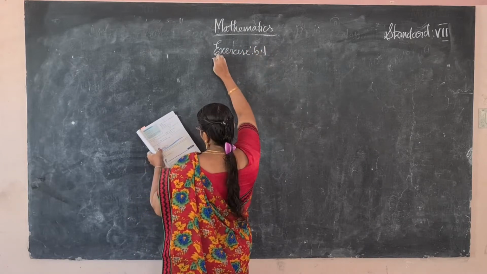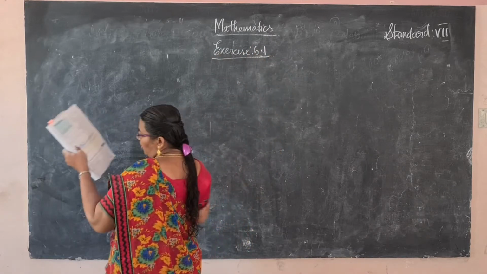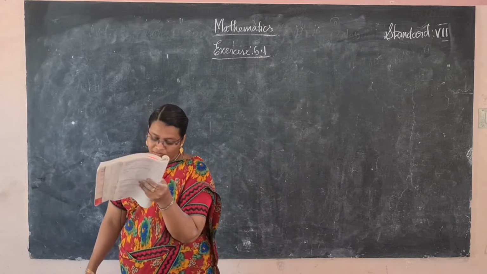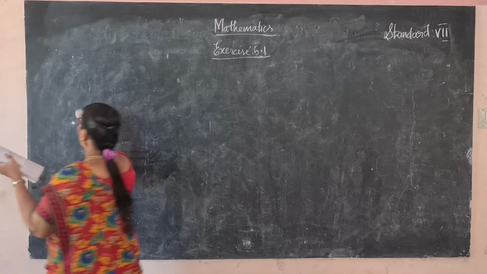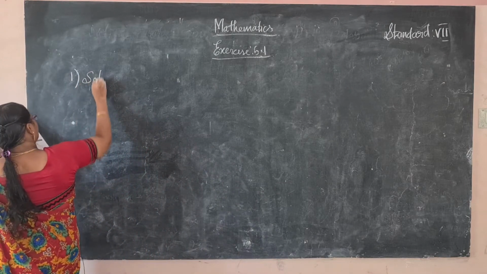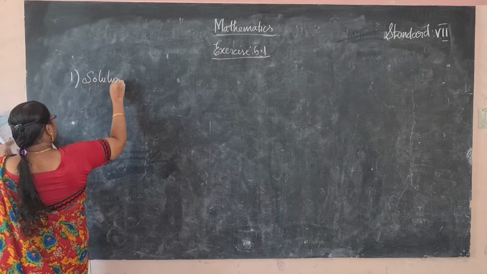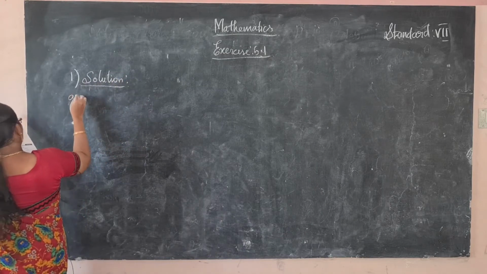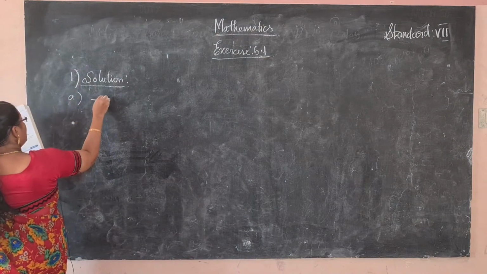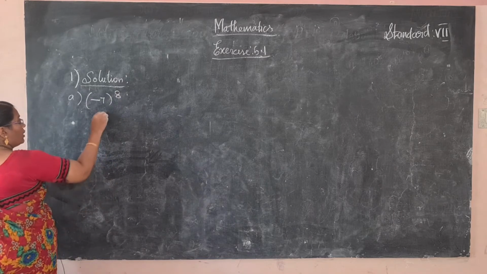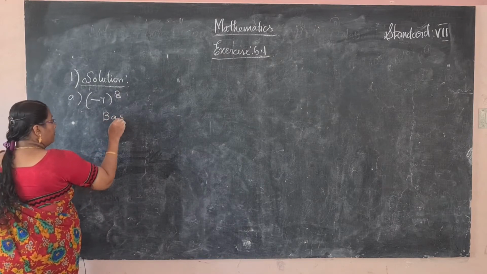Exercise 5.1. Find the base and power of the following exponential notation. The first problem. So minus 7 power of 8 is given. What is the base value here?